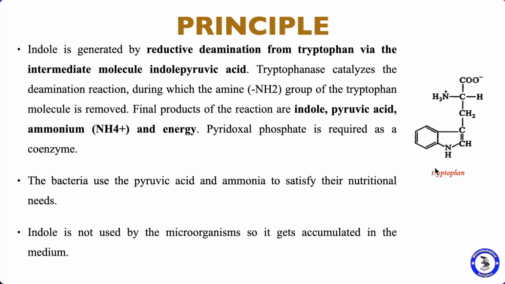The tryptophan is converted to indole pyruvic acid, ammonium, and some energy is released. Here the coenzyme is pyridoxal phosphate, and the indole is not used by the organisms, so it gets accumulated in the medium, but the end products pyruvic acid and ammonia are utilized by the organism to satisfy their nutritional needs.